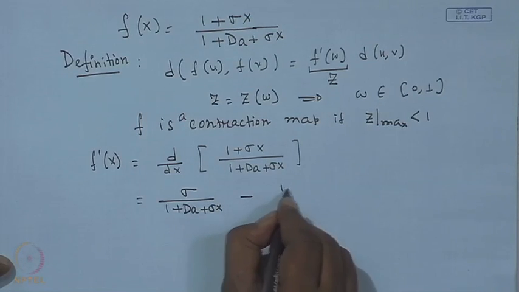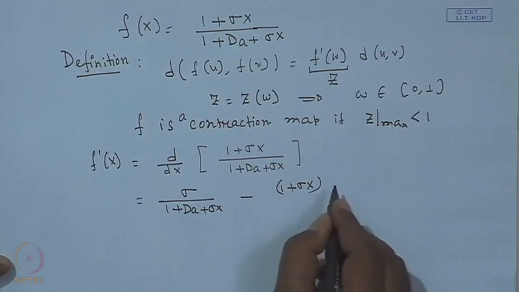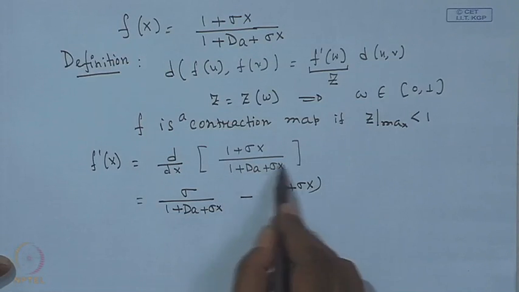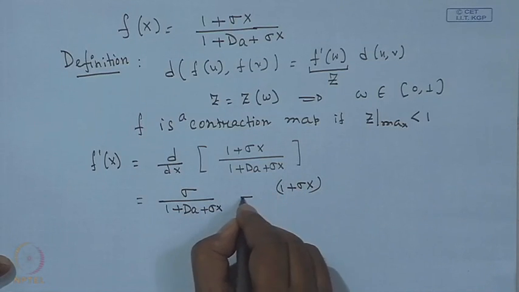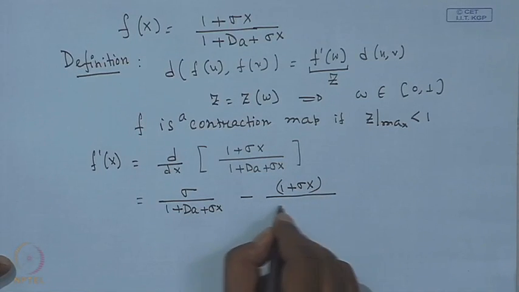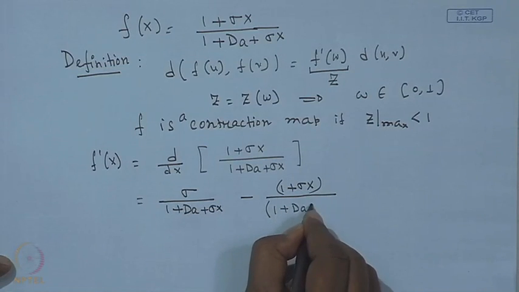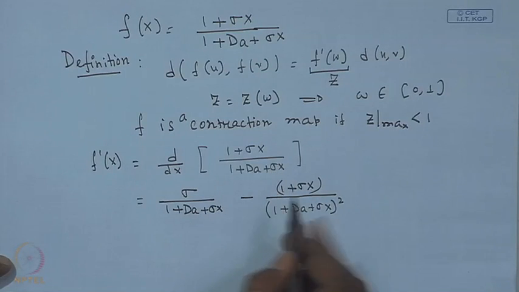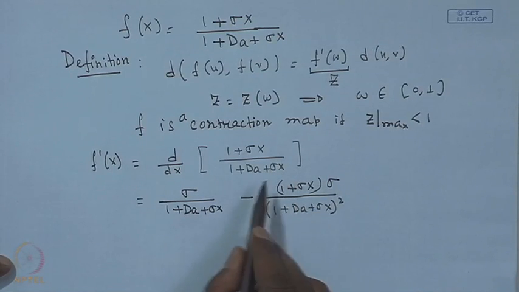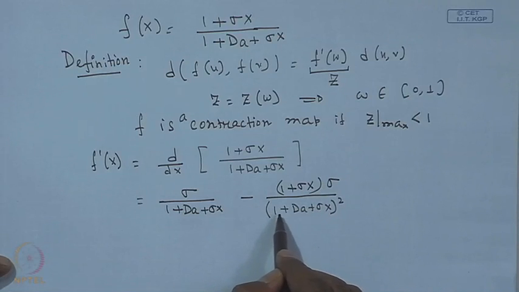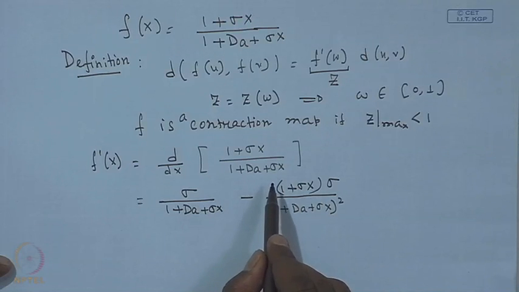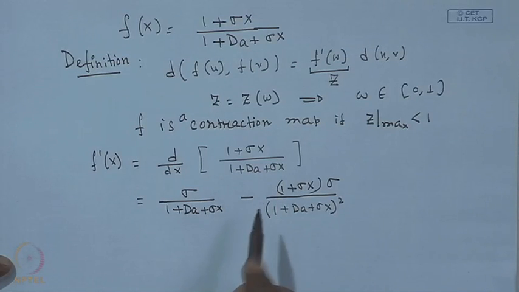Next, we keep 1 plus sigma x fixed and differentiate 1 over 1 plus dA plus sigma x. Since it is an inverse, there will be a minus sign, multiplied by 1 plus dA plus sigma x whole square, and since sigma x is there, one more sigma will come out. So, that is minus sigma divided by 1 plus dA plus sigma x whole square, the d dx differentiation of 1 over 1 plus dA plus sigma x.